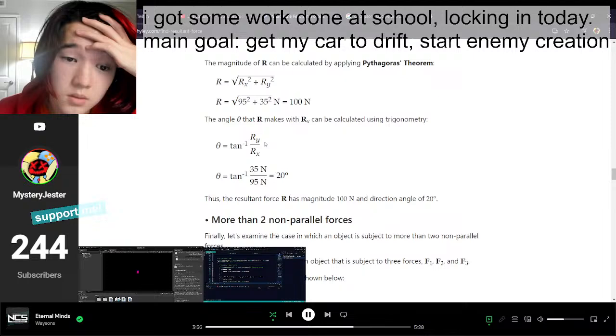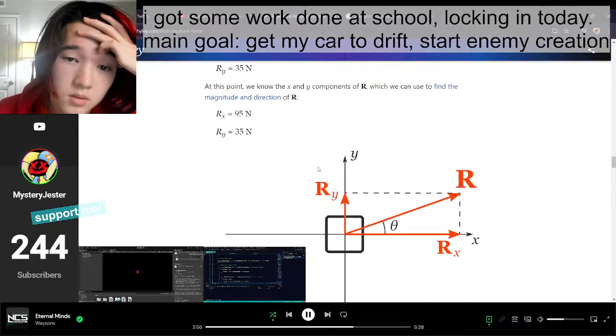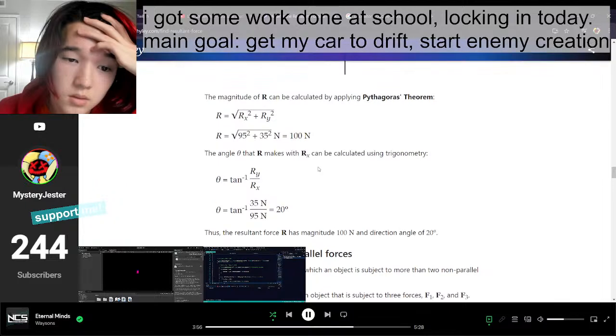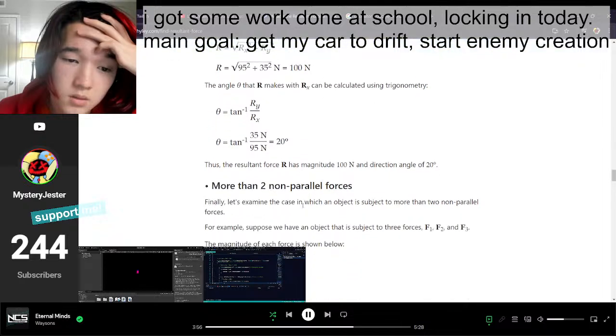Oh, it's just those two. Right, because you got these two. Equals 20 degrees. Thus the resultant force R has magnitude 100 newtons and directional angle of 20 degrees.